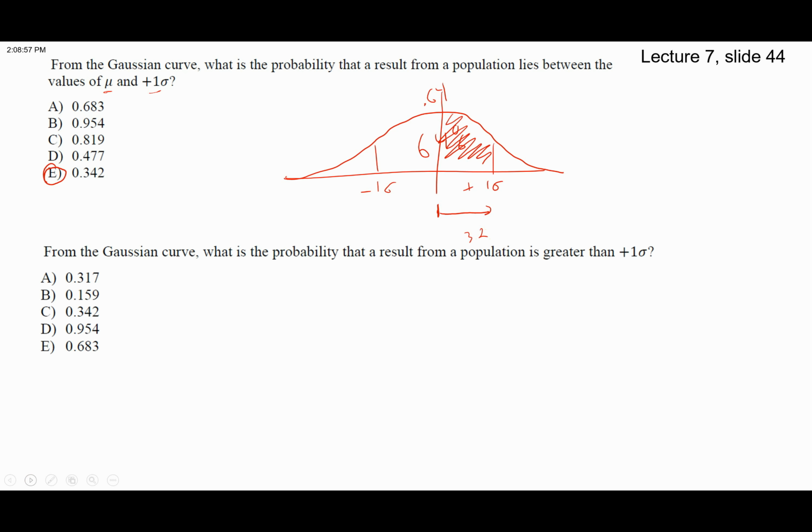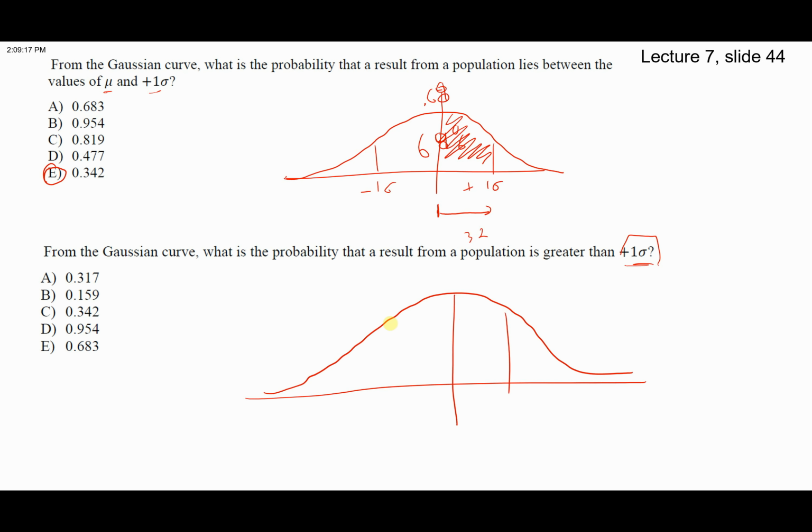From the Gaussian curve, what is the probability the result from a population is greater than 0.1 sigma? Okay, cool. I'm sorry, it's not 64%, it's 68. Made that mistake. Okay. So we're going to draw the same curve. We'll put in our 1 sigma and our mu.